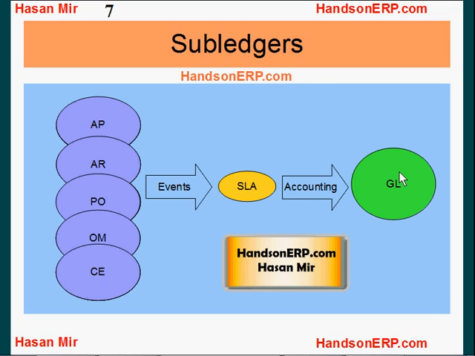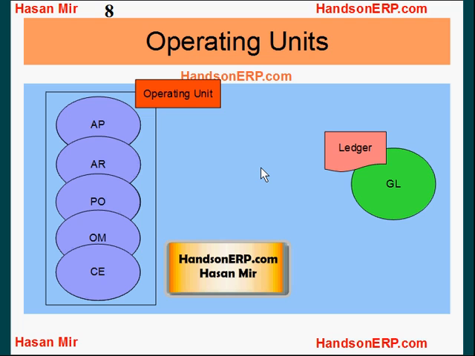The GL module receives accounting entries from all the other modules, and you can also enter accounting directly into GL as well. Why is all the accounting going into GL? For one good reason: reporting will be run from the general ledger module, and the financial reports will display all these numbers.